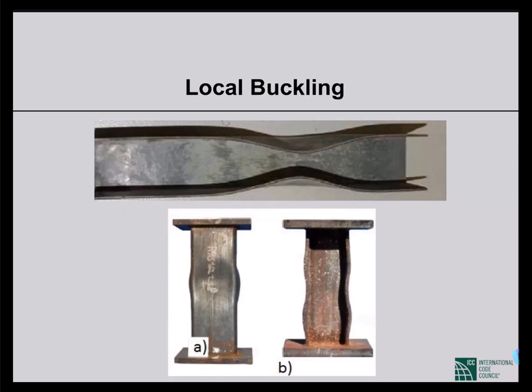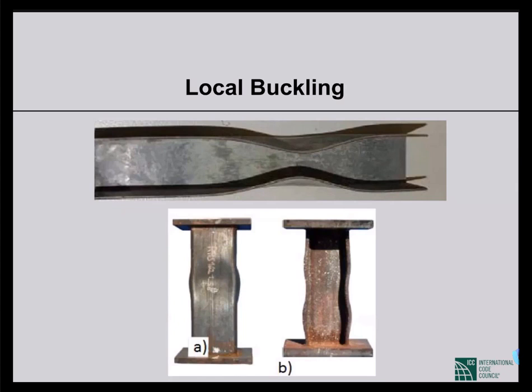But in steel sections, local buckling is another very big problem. The whole section may not buckle. The whole section is maybe quite stocky for the load that is coming onto it.